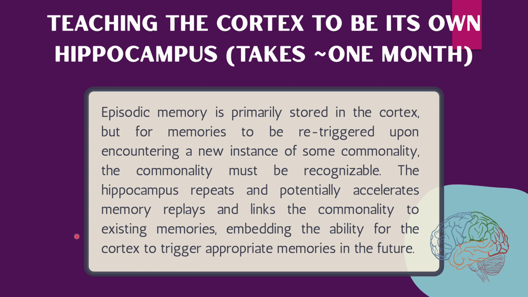So my idea is that the hippocampus isn't really storing the memories themselves. It's looking for features, novel features and familiar features, categorizing them, helping to store them, linking them to episodic memory, and kind of re-triggering and replaying those things that are mostly stored in the cortex until the cortex itself is able to trigger those things.